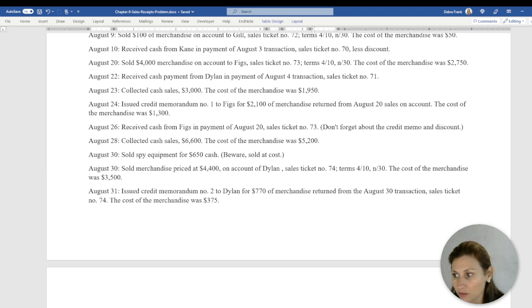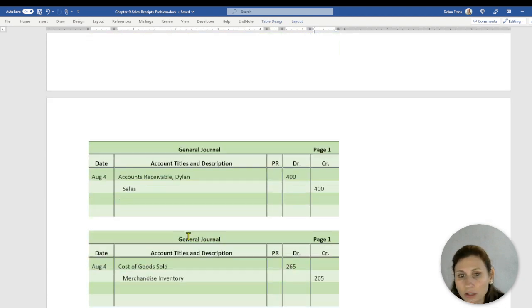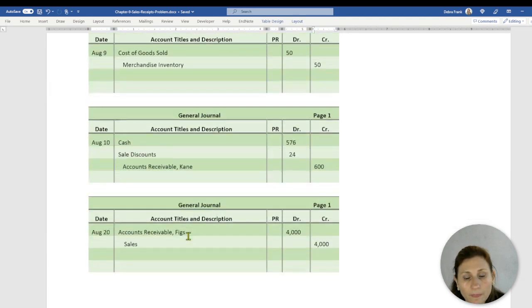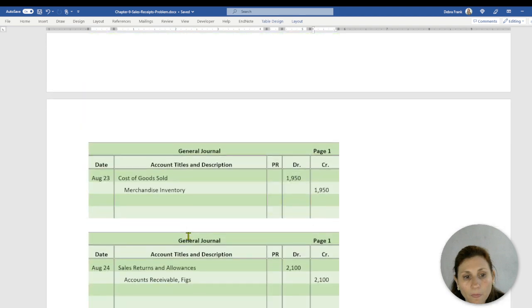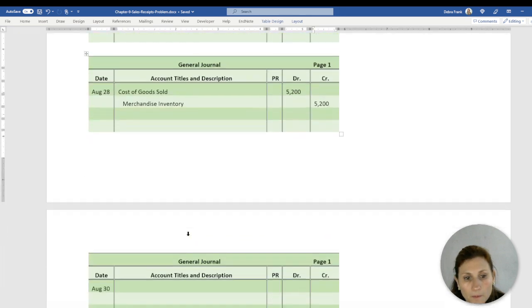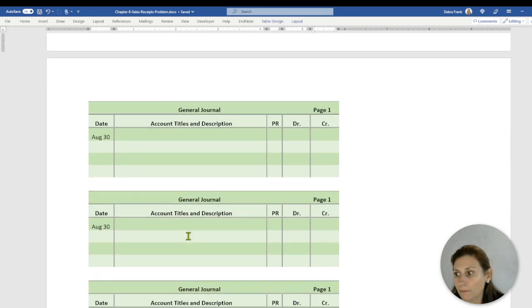So that's going to be our related cost with that. So let's go ahead and record that spy equipment for cash. So I have cash for $650, and then we have just spy equipment.